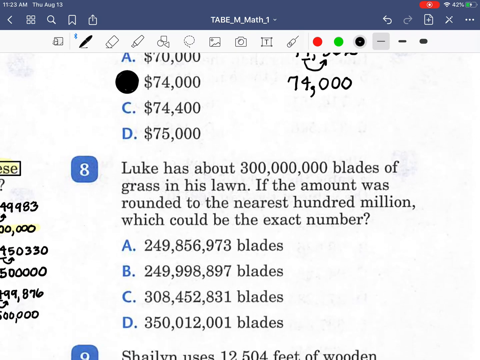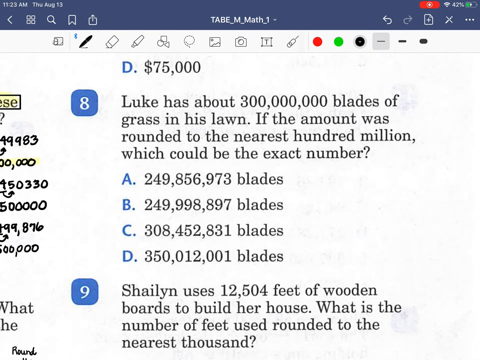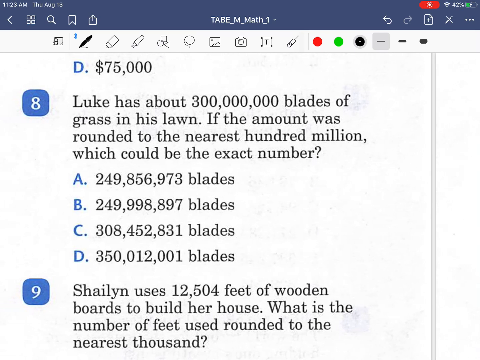Number 8. Luke has about 300 million blades of grass in his lawn. If the amount was rounded to the nearest 100 million, which could be the exact number? They have to be kidding us.